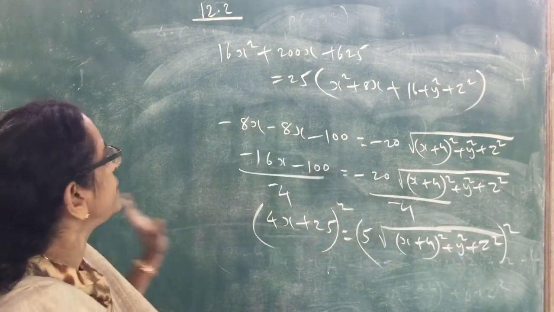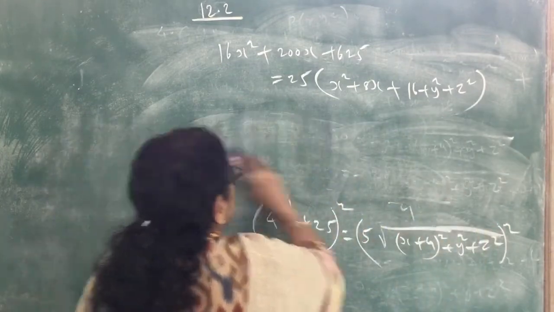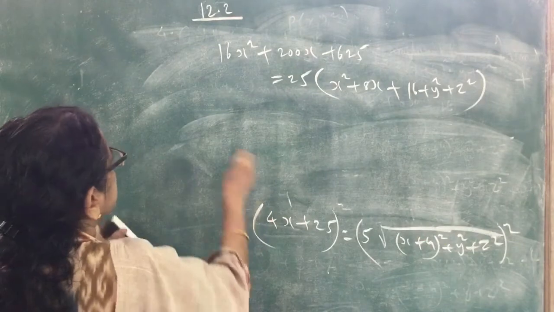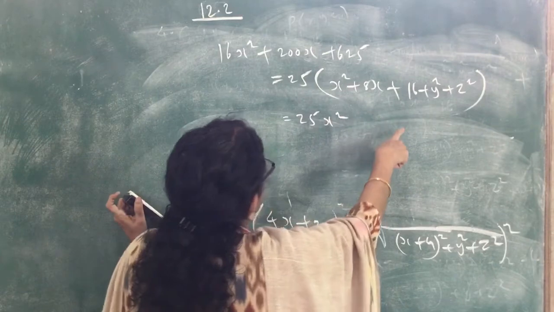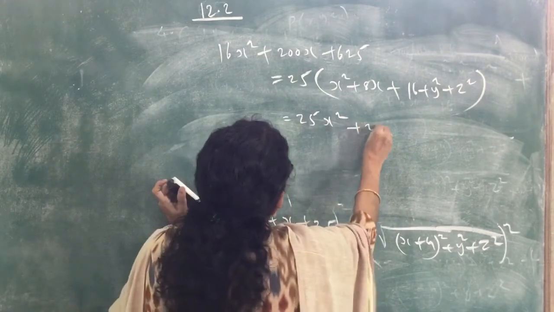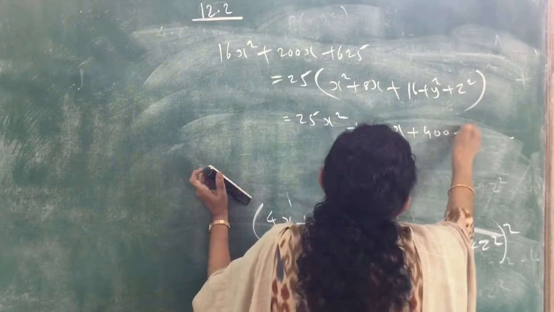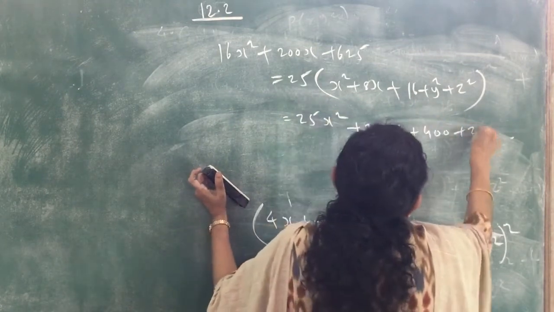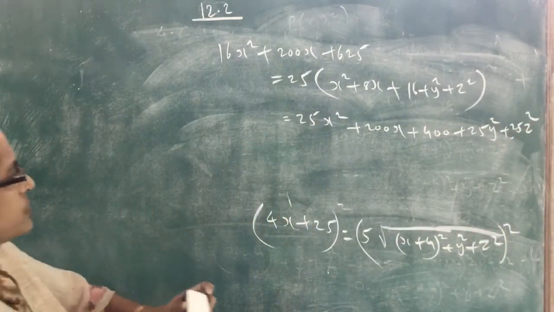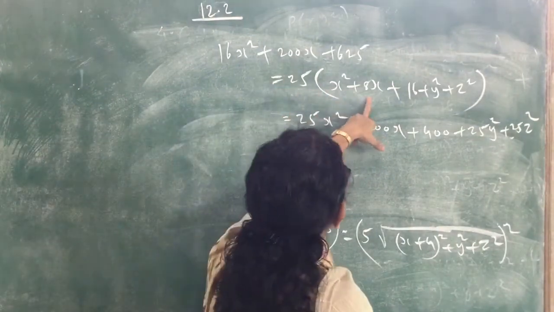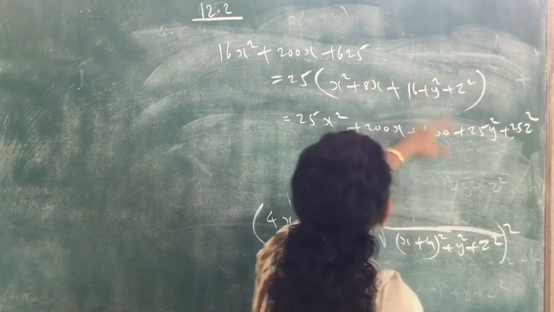So both sides we squared, and this is equal to 25 into x square, 25 into 8x that is 200x, 25 into 16 that is 400, plus 25y square plus 25z square.